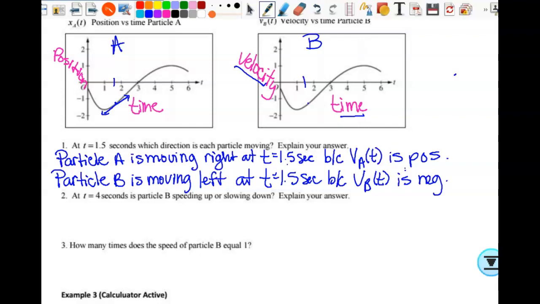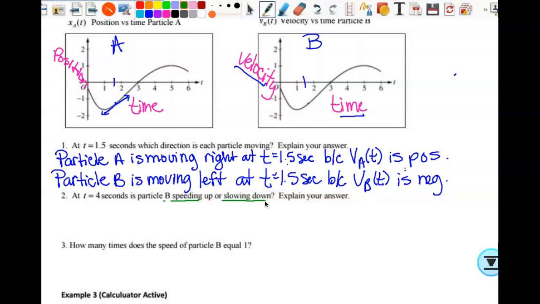Any questions at this point? All right. So at t equals 4 seconds, particle B, is it speeding up or slowing down? We have to look at velocity and we have to look at acceleration, right?